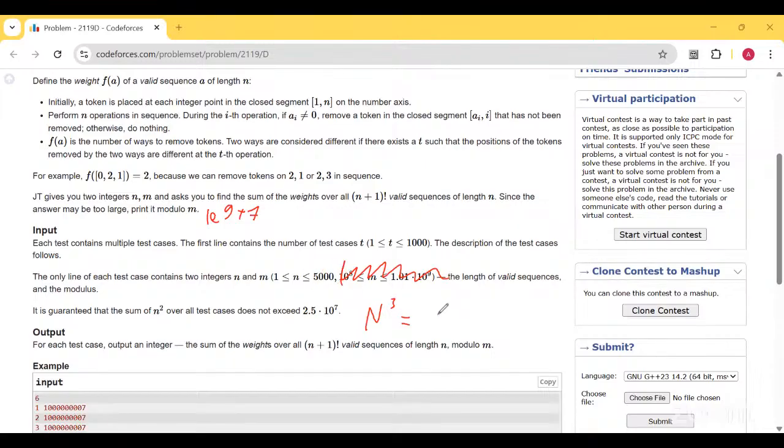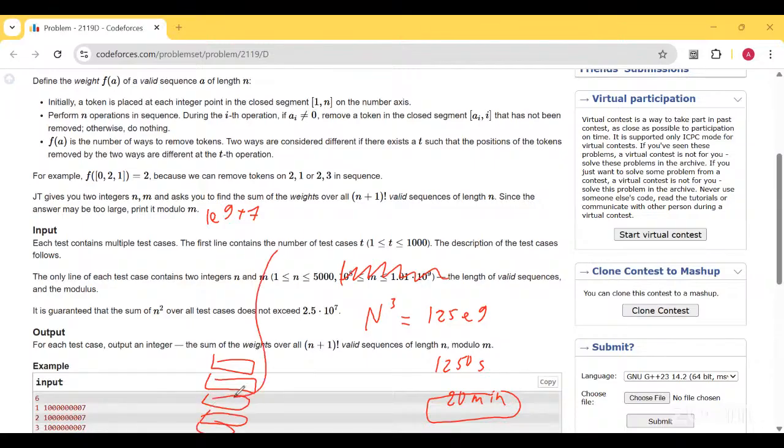Actually if it is N cubed, then maybe we need 100 seconds, or this is around how many minutes? Maybe 20 minutes, right? Just run the brute force solution for 20 minutes and then put the answer for all n.